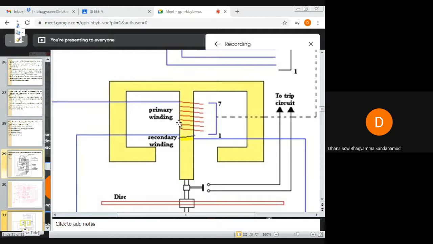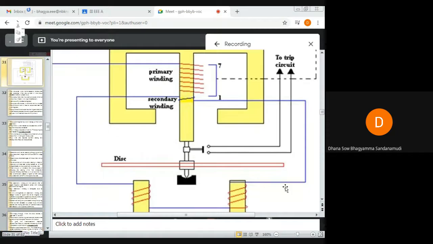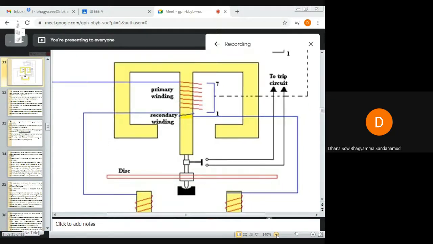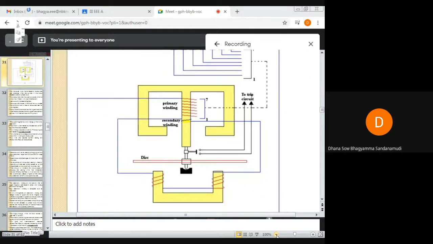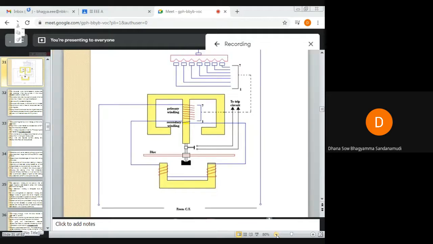This primary winding is connected to the secondary of the CT on the line to be protected. This is the primary winding which is connected to the CT.